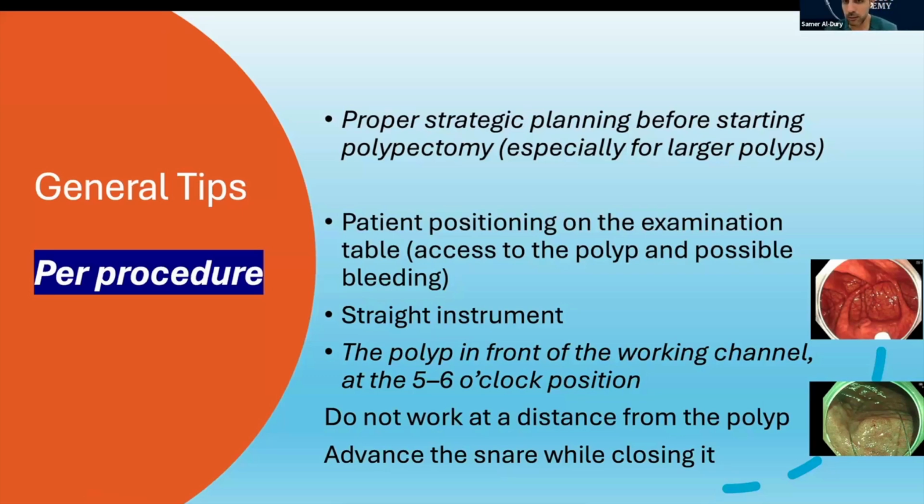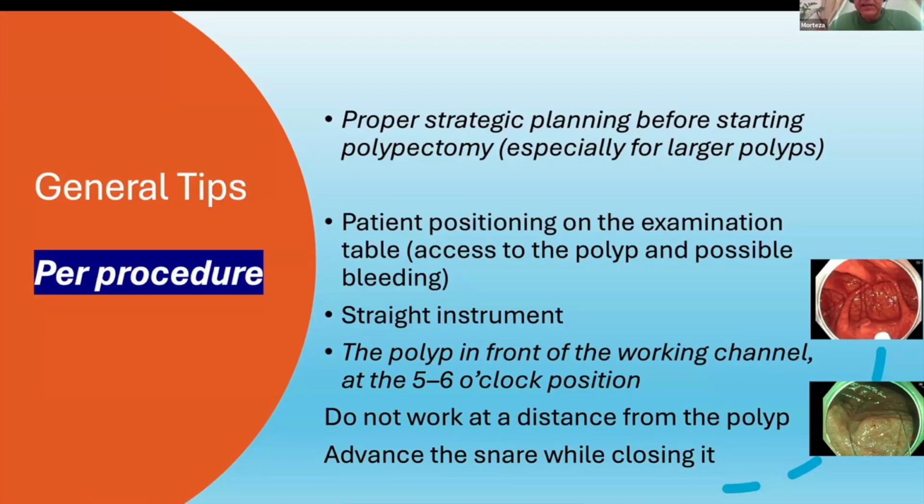Good. These are general tips about polypectomy, in both cold snare and hot snare. I'm sure that everyone knows about it, but I think it's good to think about it before you start. You need a strategy, and the strategy becomes more and more important the bigger the lesion is and the more advanced the resection type is.